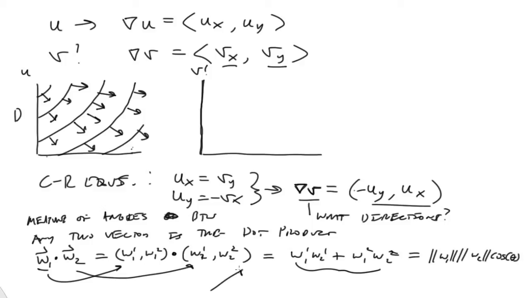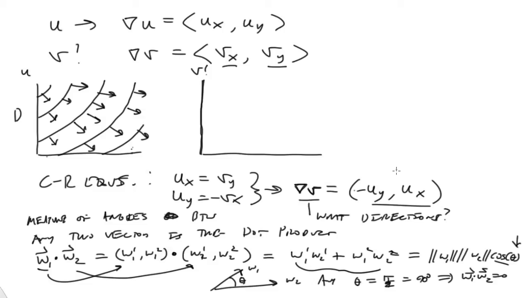So if this is w1 and that's w2, there's an angle between, and now we have the dot product is a measurement of the angle, and if theta is equal to pi over 2, which is 90 degrees, we know that the dot product is equal to 0. And we can read that straight off. If I put a pi over 2 in there, we get 0. All right, so we have this nice measurement.